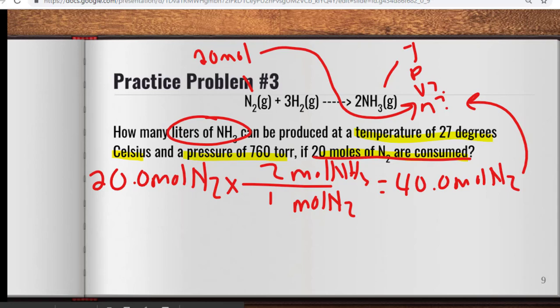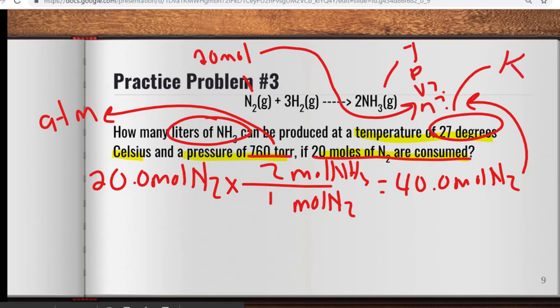Now, a couple things here. Our pressure is given in torr, so we're going to need to convert that to atm. And our temperature is in Celsius, so we need to convert that to Kelvin. Now, we should already be pretty well aware of how to do that. There's 760 torr per 1 atmosphere, so if you do the dimensional analysis, you're going to find that we have 1 atm.